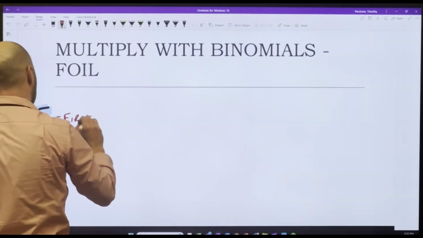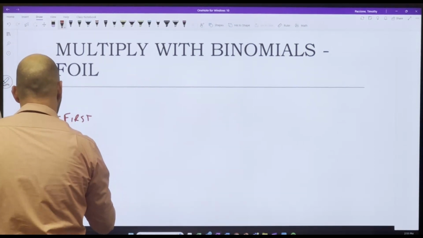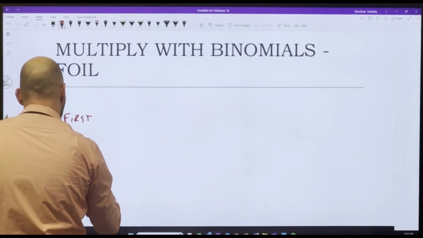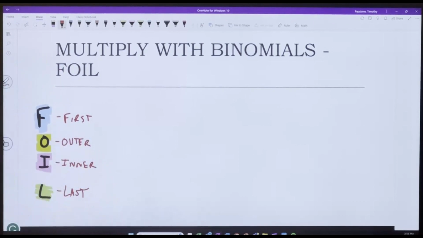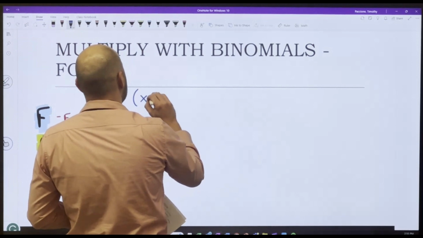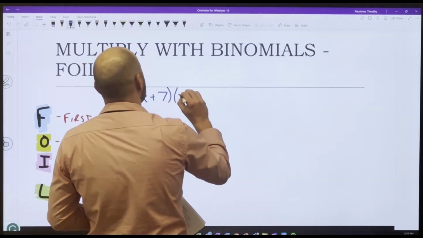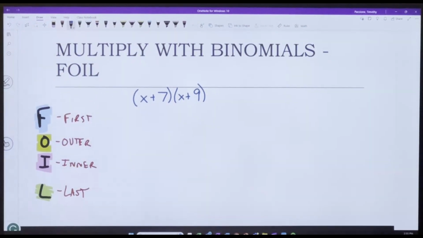What does that mean? Okay, so again, it says we're multiplying binomials. That's one binomial times another binomial, right? So that might be something like x plus 7 and x plus 9, right? Two binomials, because it's two polynomials that each has two terms, okay?